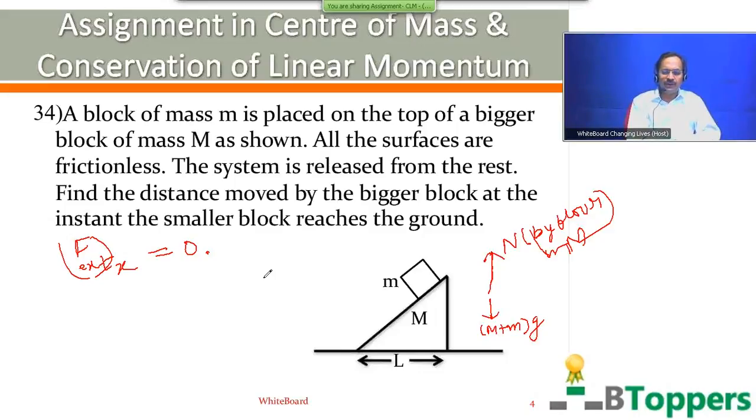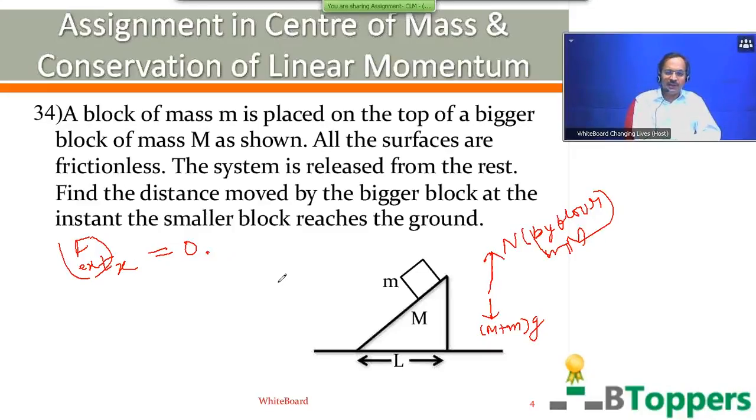That means if the smaller block is shifted towards the left horizontally when it reaches the ground, the bigger block will be shifted towards the right, because the resultant momentum in the horizontal direction is 0, as the horizontal component of force on the system is 0.